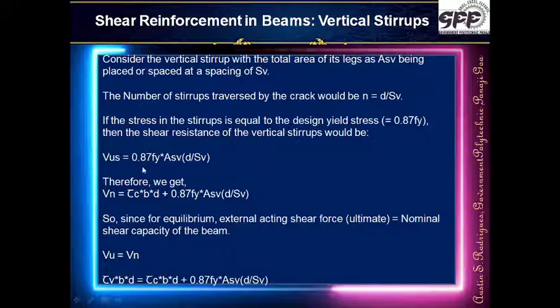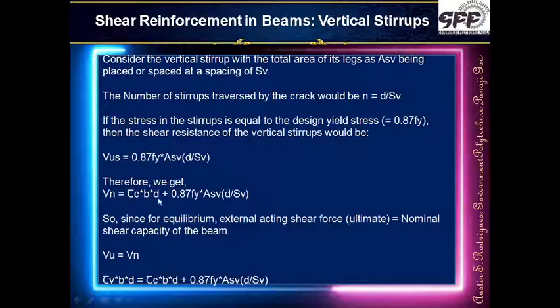Stress into area is the force, multiplied by the number of bars. So that gives me the capability of the shear stirrups to resist the force. Therefore we get Vn, that is the shear capability of the beam, is tau C bd, that is the uncracked concrete capability, plus that of the stirrups, 0.87 fy ASV d upon SV.